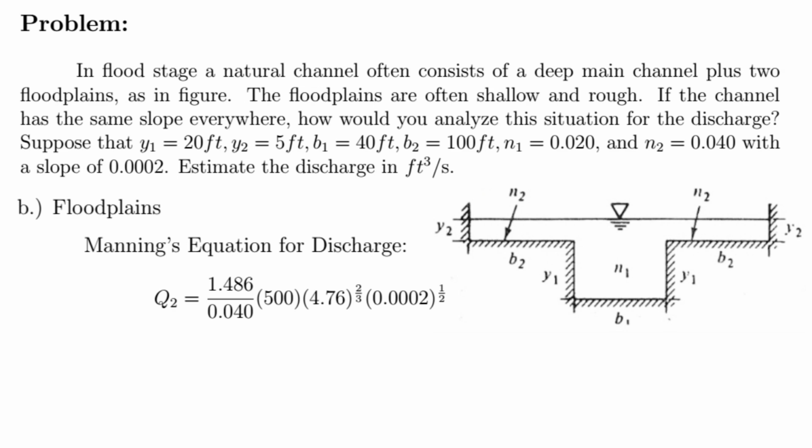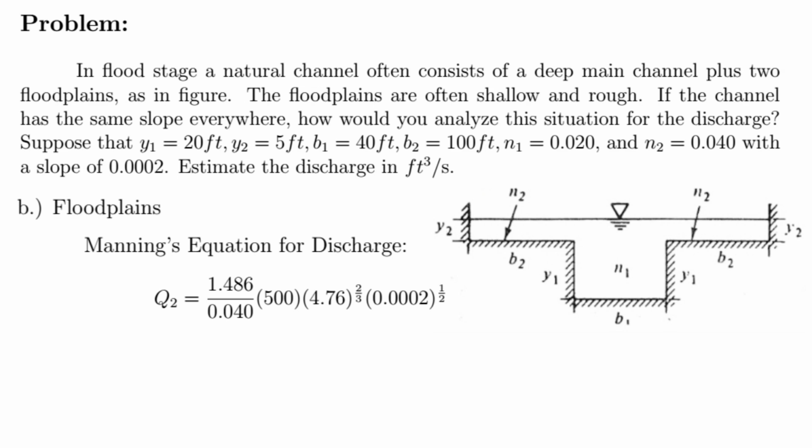Now substituting it into Manning's equation for one floodplain. Q sub 2 equals 1.486 over the Manning coefficient of 0.040, multiplied by the area of 500 square feet, the hydraulic radius of 4.76 feet raised to 2/3, and slope of 0.0002 raised to 1/2.